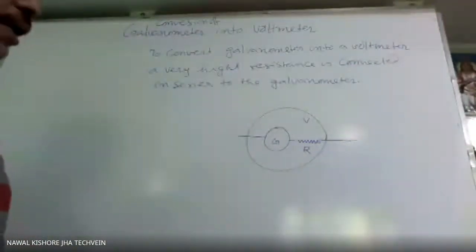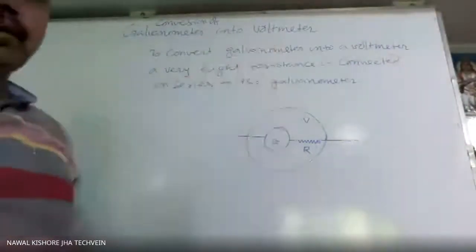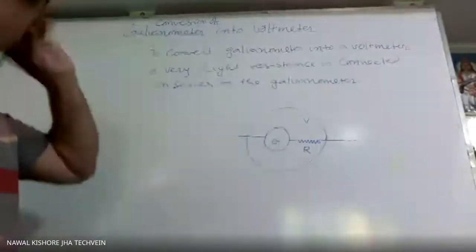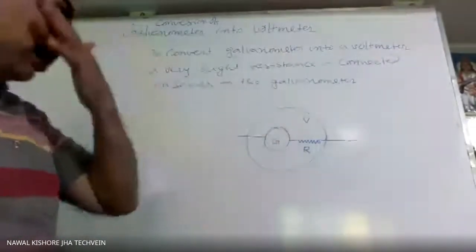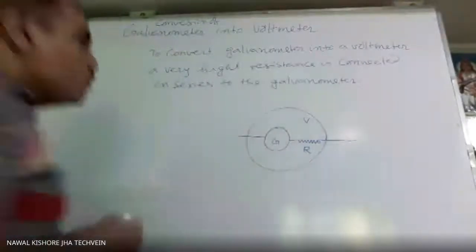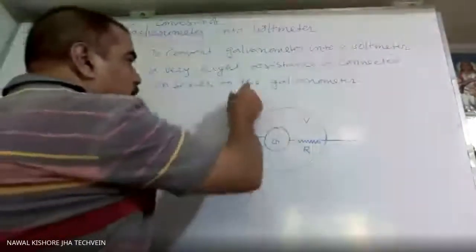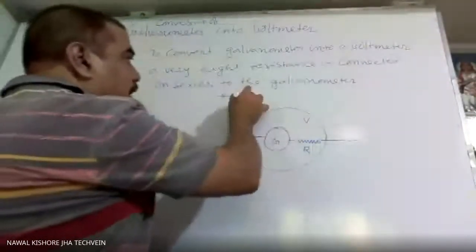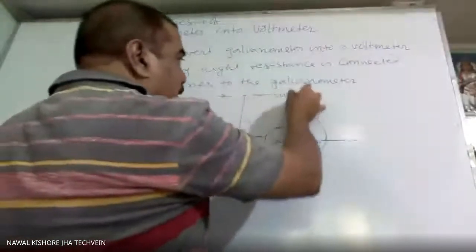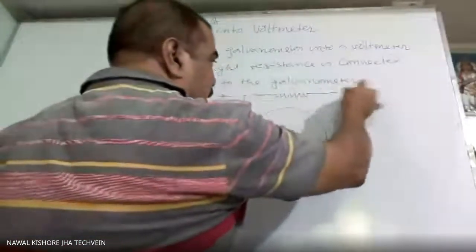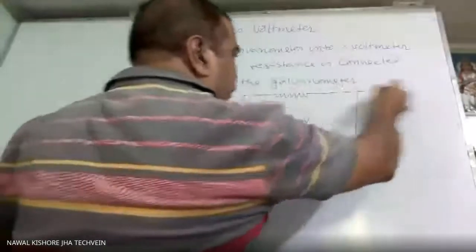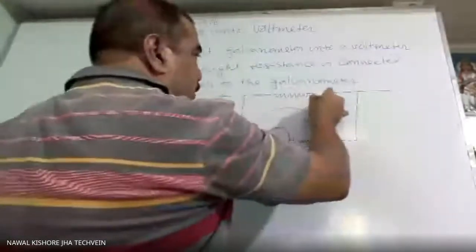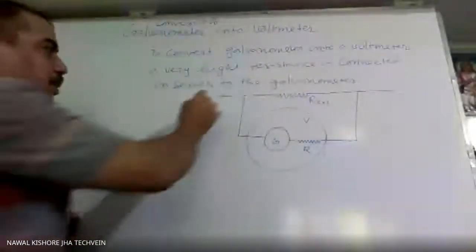So when we are connecting this voltmeter to any circuit, suppose this is the main current. So this is the external resistance across which we have to measure the potential difference.